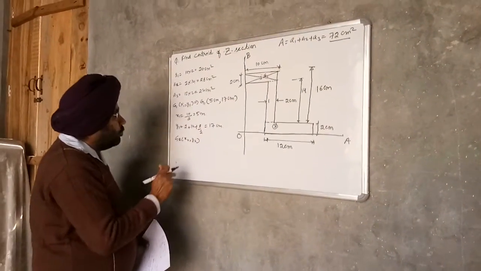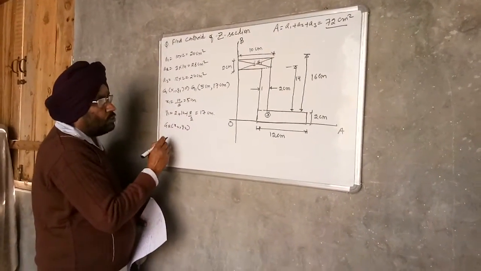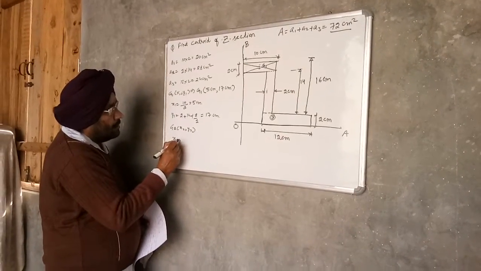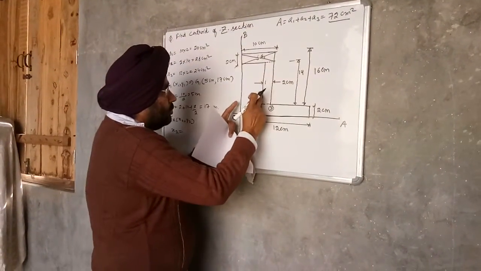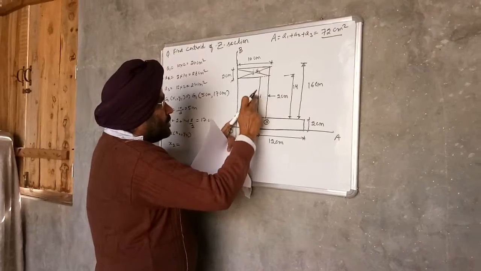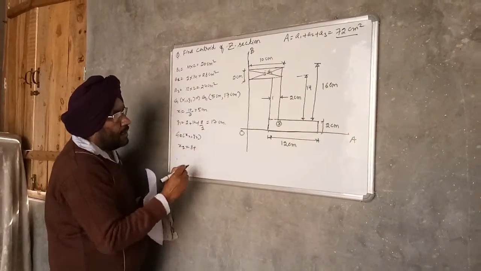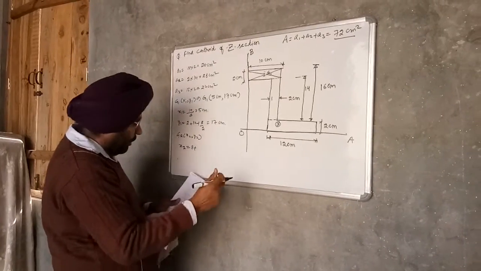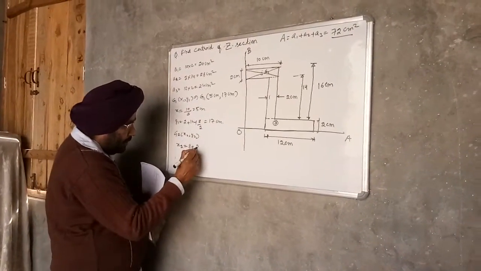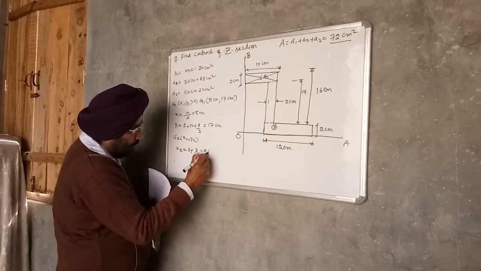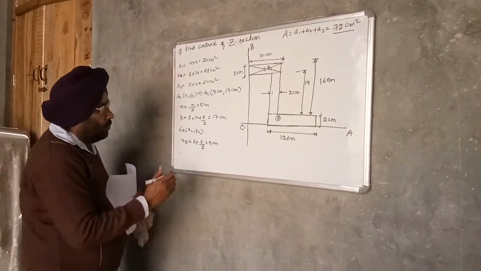So then G2, x2, y2. So x2 is this distance. This distance is 10 minus 2, 8 plus 2 by 2 plus 2 by 2. So 9 centimeter.